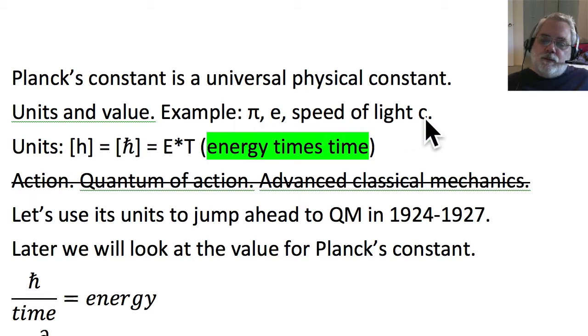Let's take the example, the speed of light, which we call c. In generic units, the units of speed of light are speed, which is distance over time. Before we can talk about a value for the speed of light, we need to pick a unit of distance and pick a unit of time. If we pick miles and seconds, then the speed of light is more than 186,000 miles per second.